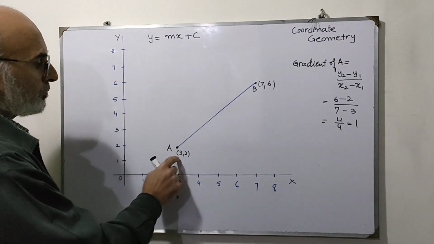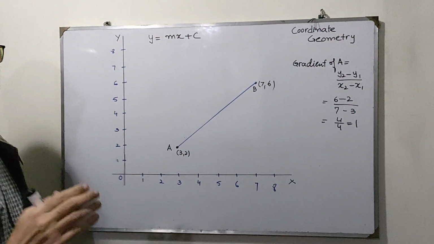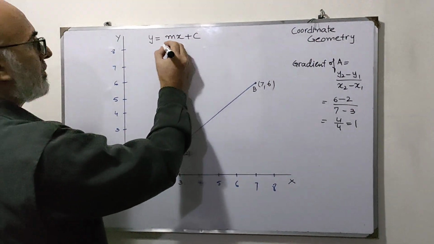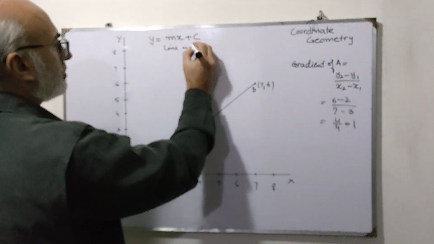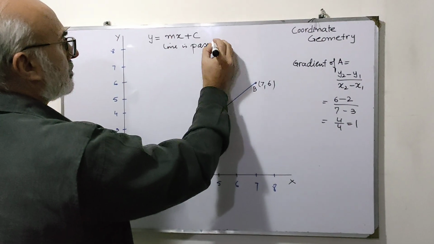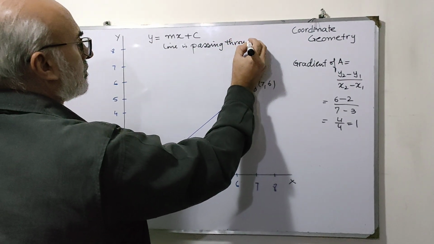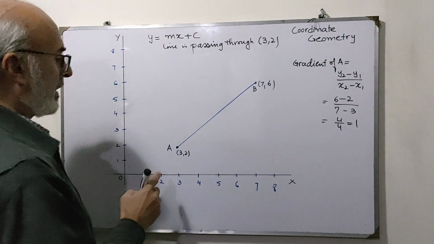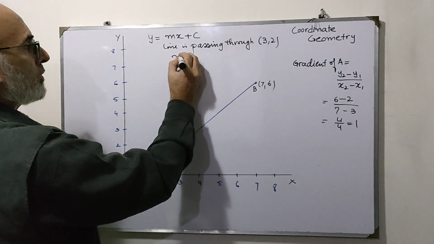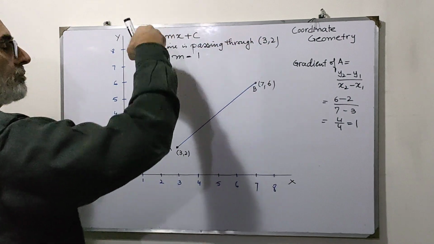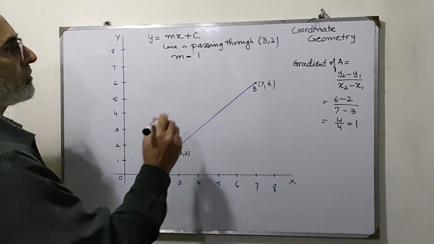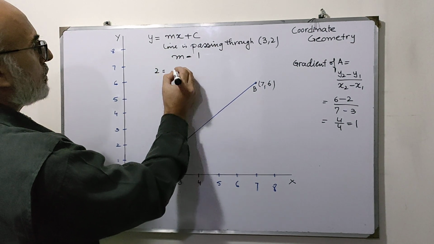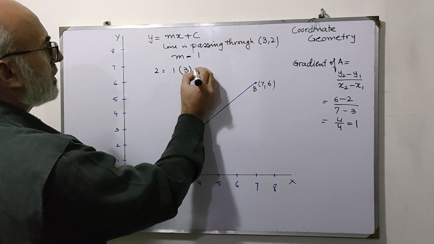The line is passing through (3, 2) and (7, 6). So first, let's take the point (3, 2), with m equal to 1, and substitute these values in this equation. So we have 2 is equal to 1 into 3 plus c.